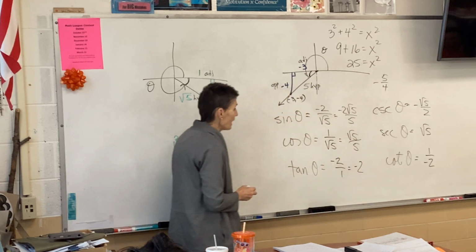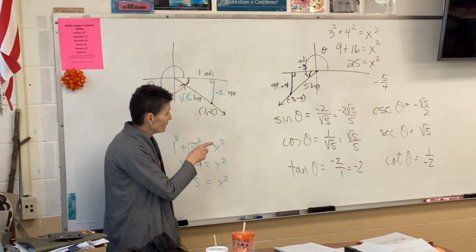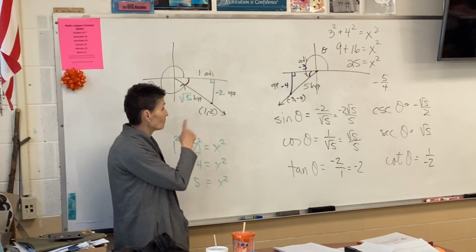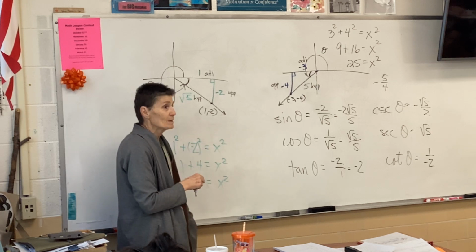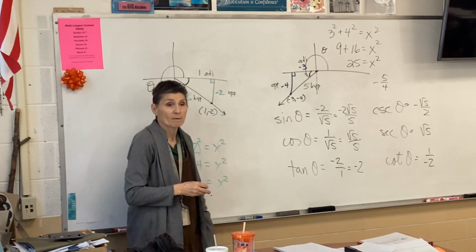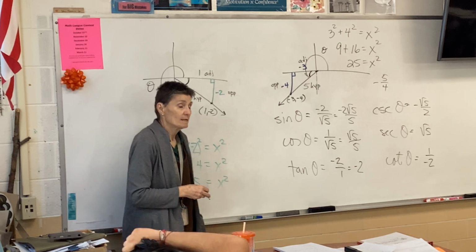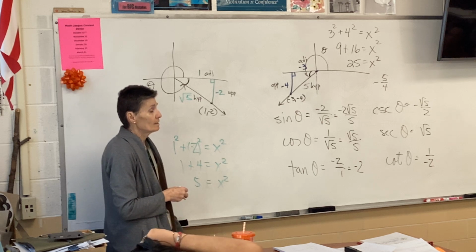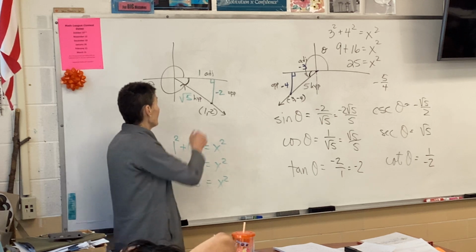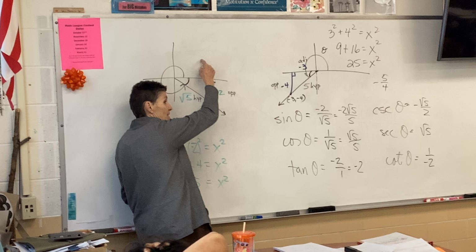So do you see how in that problem, well, this one too did, the first one we did too, some of the answers are positive and some of them are negative? That's going to happen. If you're not in quadrant 1, the triangle is not up, if the triangle's here, everything's positive.